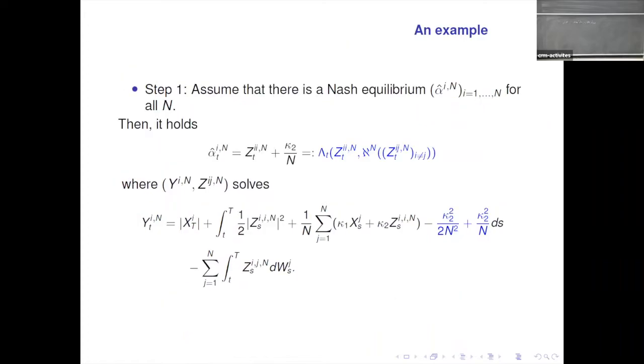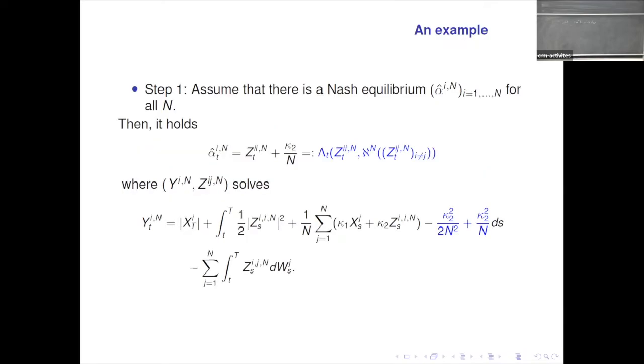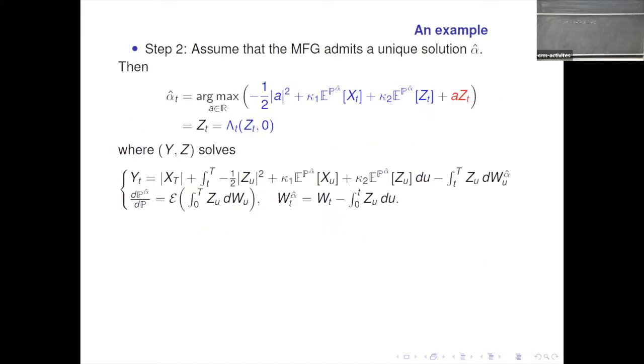Here the relevant probability measure will be P alpha hat, this limiting probability measure here. And that's exactly why, when I pass to the limit, the mean that I have here is with respect to P alpha hat. I can do that because I've already assumed that the Nash equilibrium, the mean field equilibrium, exists and P alpha hat is well defined.